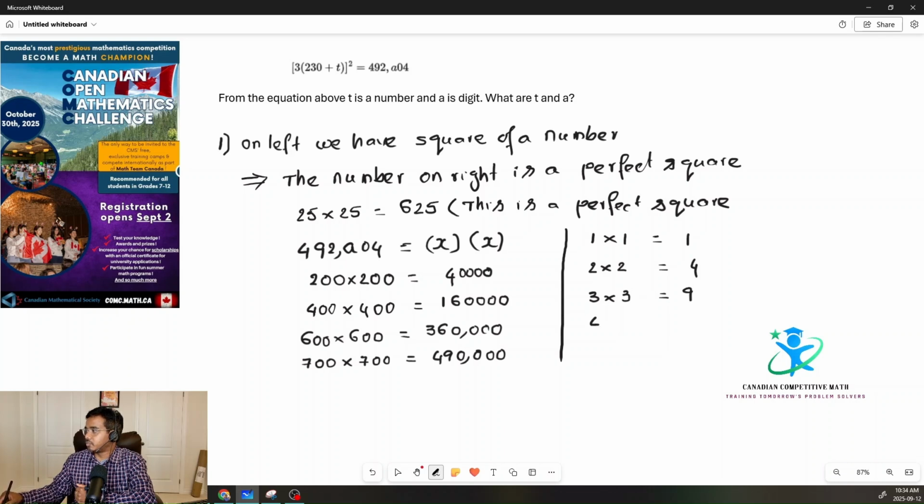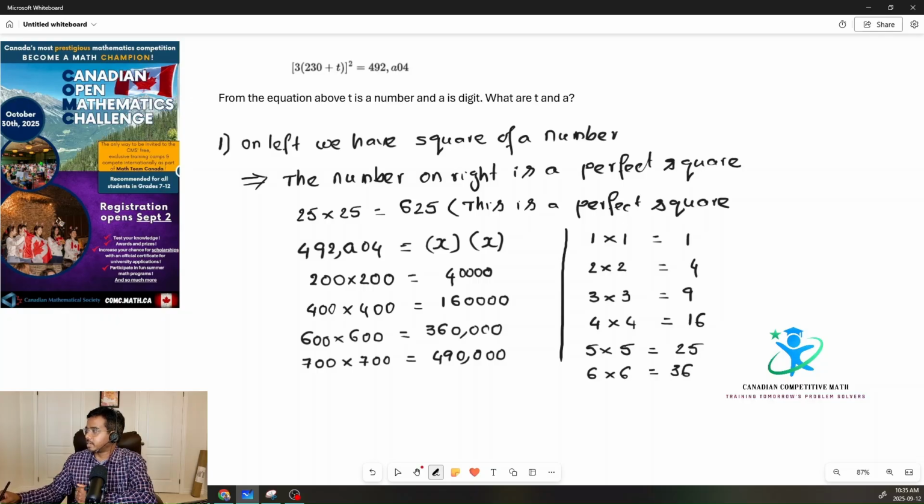If the last digit is 4, squaring gives 16. The last digit 5 times 5 gives 25. And if I take 6 times 6, I'll get 36.